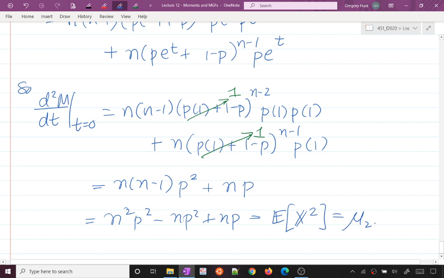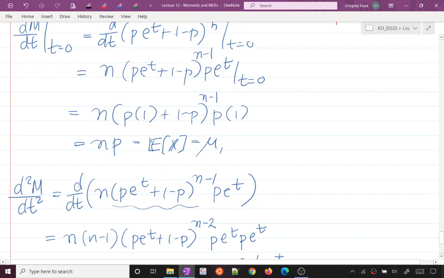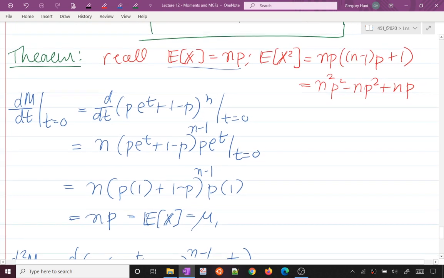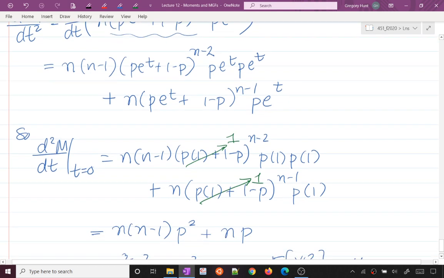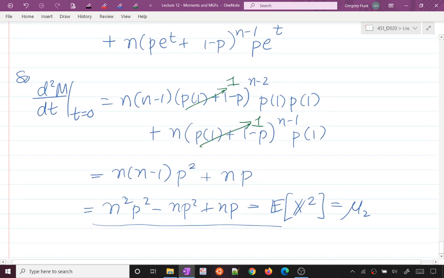That's mu2, that's our second moment: n squared p squared minus np squared plus np. So the theorem is true, and it's true for the continuous, it's true for discrete, it's just generally true.